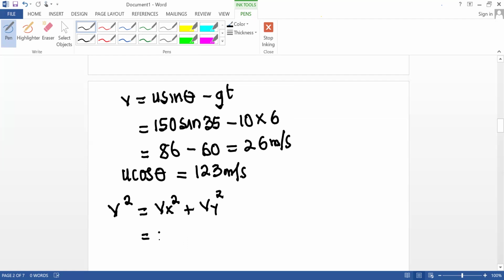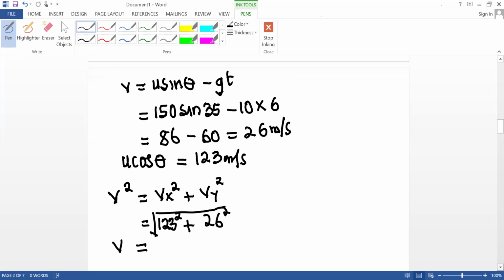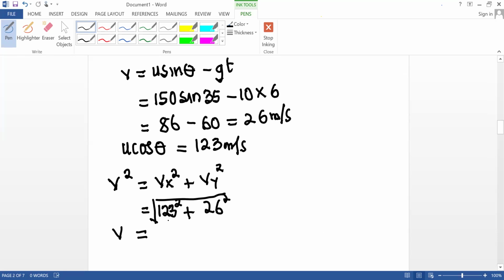So this is 123 squared plus 26 squared. And when you take the square root of this, it must give you the resultant velocity at 6 seconds. What is this value? Square root of whatever is under the bracket. Please just give me the final answer. What's the final answer?